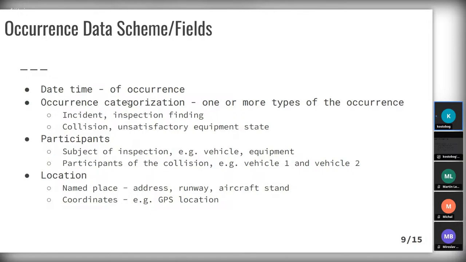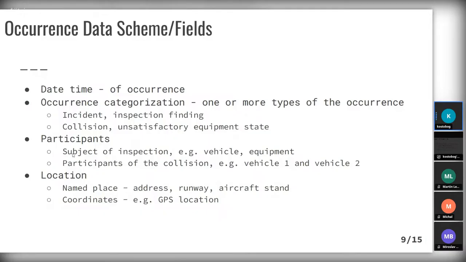So it could be categorized as an incident or inspection finding, let's say. And then there is a specific categorization, which could be, for an incident, a collision, or for an inspection finding, unsatisfactory equipment state. But there could be more categories here.